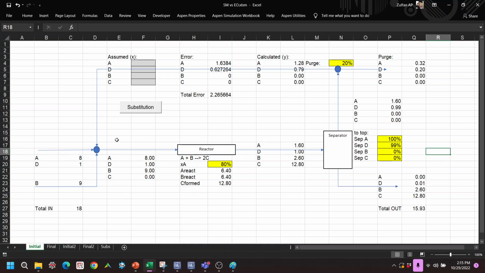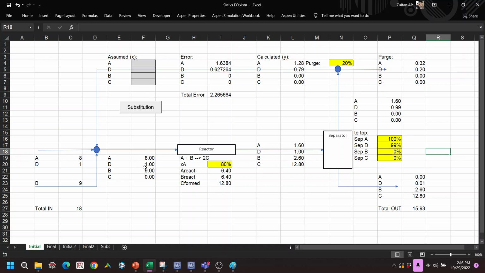So at this initial point, we have A equals 8, D is 1, B is 9, and for the recycle, since we don't know, we simply assume 0, 0, 0, 0, 0. So A is 8 plus 0 becomes 8, D is 1 plus 0 becomes 1, B is 9 plus 0, 9, and C is also 0.